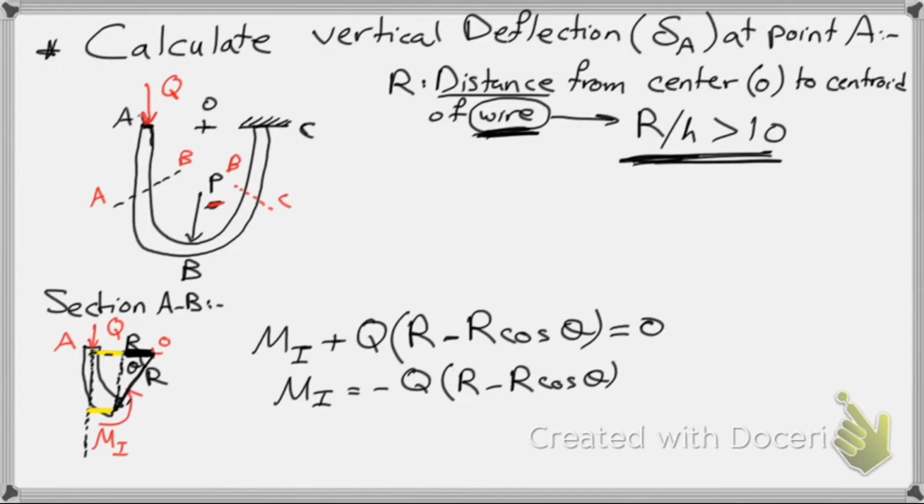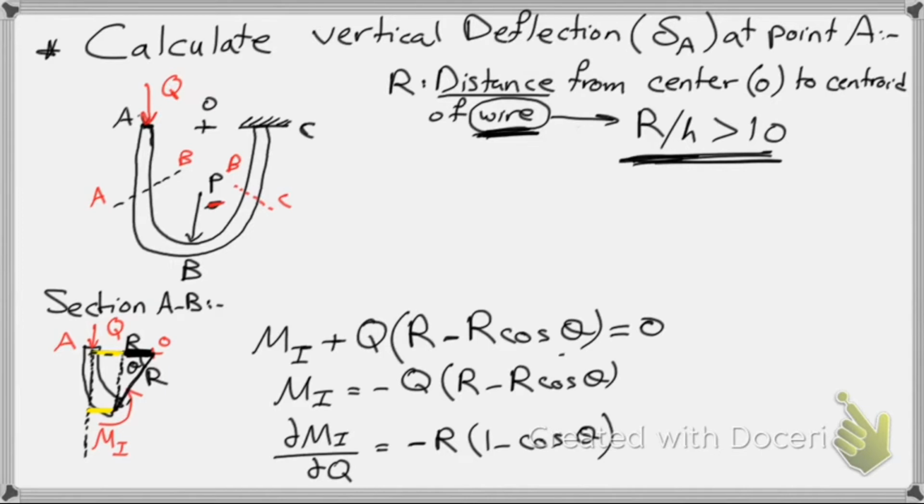Okay, and we need to take the partial derivative, right? dM1 over dQ is going to be equal to minus R times (1 minus cosine theta).